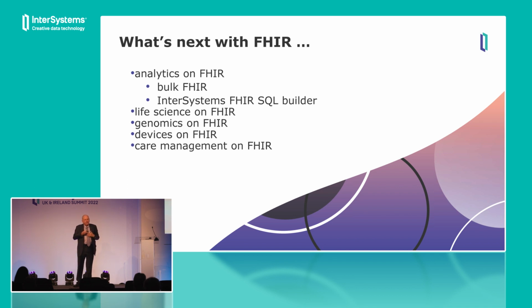There are many areas where FHIR is advancing, where it has not been used much in the past. One of those is in life science, in clinical and translational research.